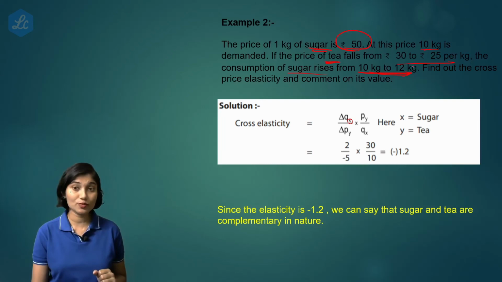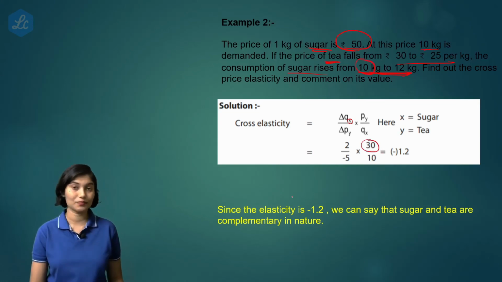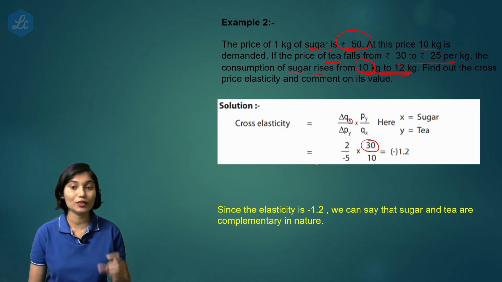Now the change in price of y is 5, 30 minus 25, right? So you have 5 into price of y, which was originally 30, divided by quantity of x, the original quantity 10. If you solve it, you get negative 1.2 as the answer.